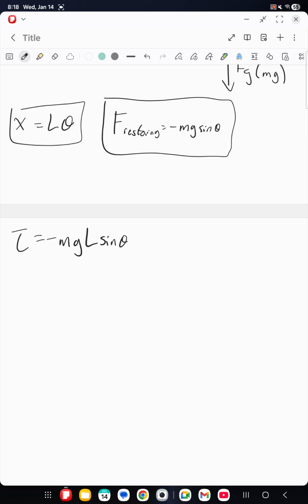It makes sense because if you remember, torque is equal to Fr sine of theta, and so we have our r, we have our mass, and we have our sine of theta. So this will be our torque, and this will be very important to us because, as I said, to derive the motion we have to first convert everything to rotational analogs.